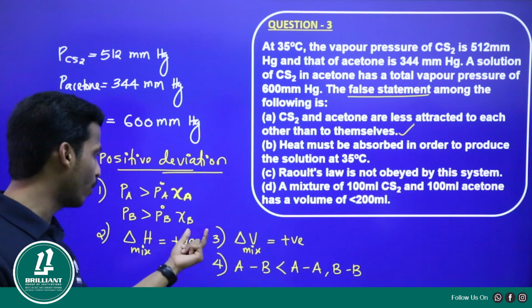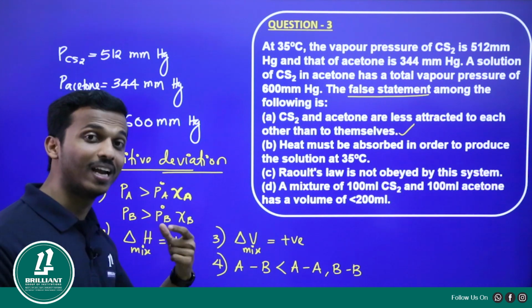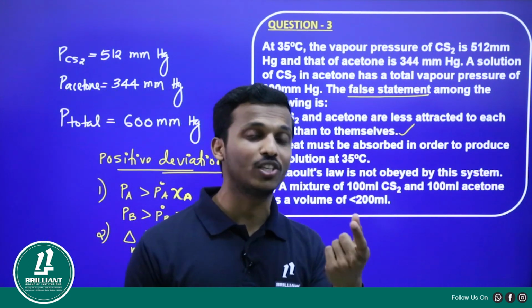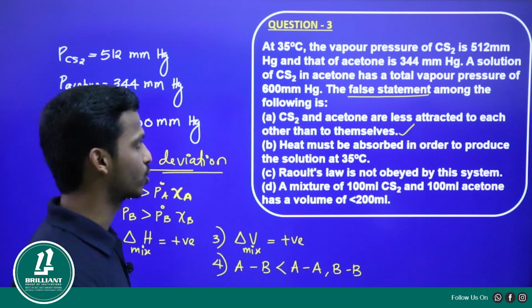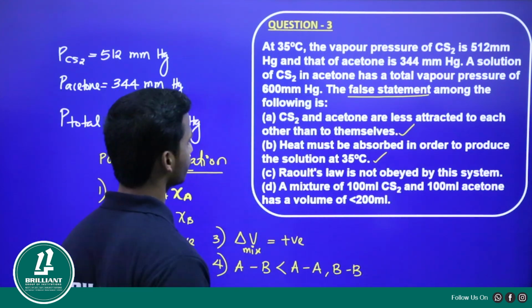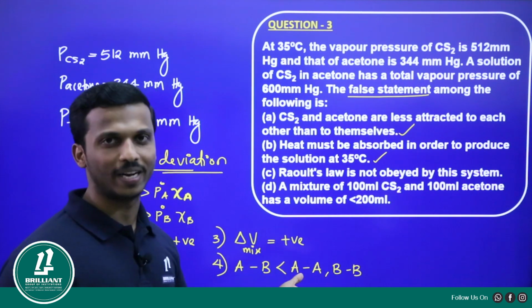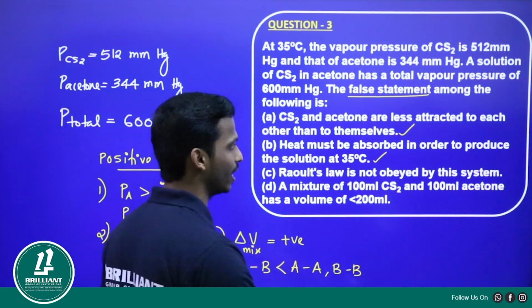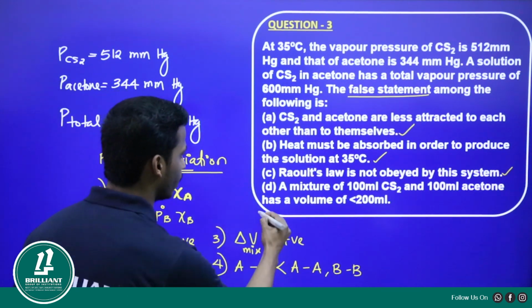Yes, for a positive deviation, delta H is positive, right? So delta H positive means enthalpy change positive, meaning it is an endothermic reaction. Yes, that is also a correct statement. Coming to option C, Raoult's law is not obeyed by the system. Yes, it's a non-ideal solution. It's also a correct statement. So, mostly your answer will be option D.